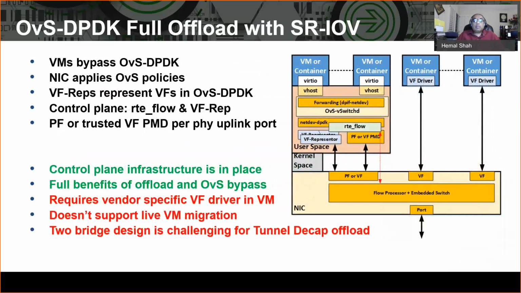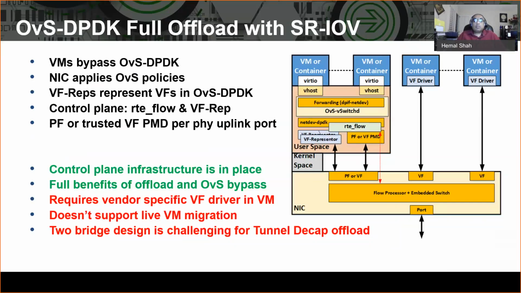In order to realize the benefits of SR-IOV and still apply the OvS policy, this OvS-DPDK full offload model has been supported. It basically is based on representation of virtual functions in the OvS domain via VF representor.